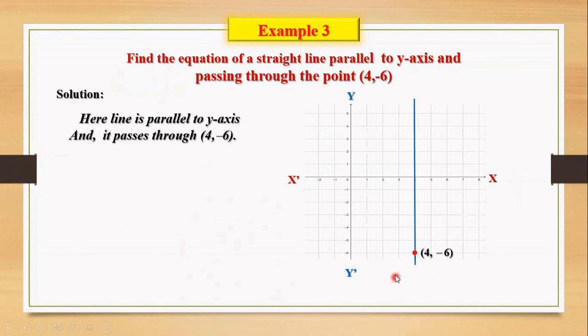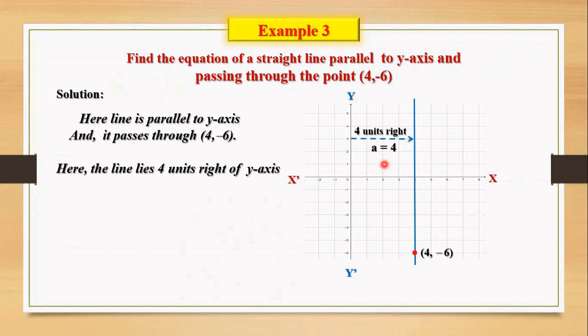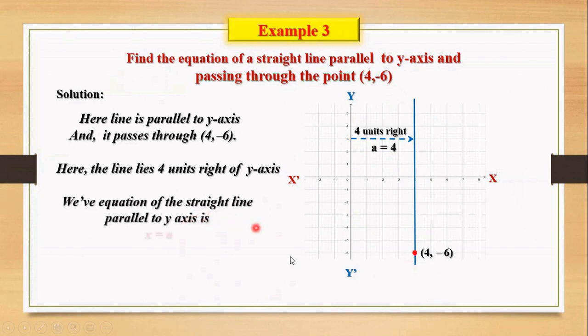Here it is. This line is at a distance of 4 units from the y-axis and it lies on the right side of the y-axis. So the value of a is 4. We know any line parallel to the y-axis is x = a.